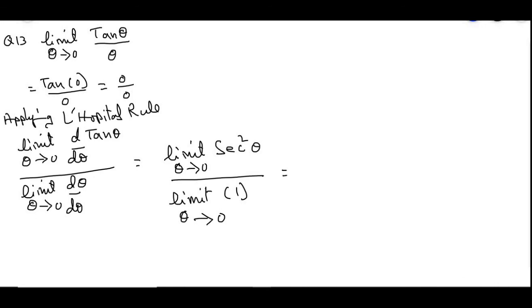Now applying the limit, secant square 0 over 1, because 1 is constant and the limit of a constant function is always constant. Now secant square 0 is 1, over 1, so the answer is 1.